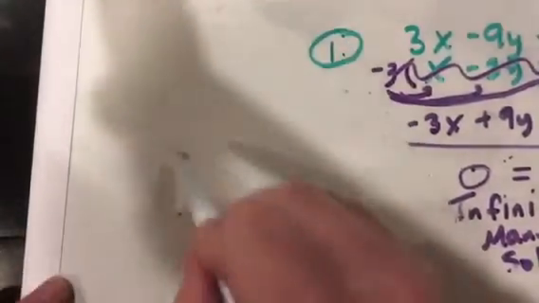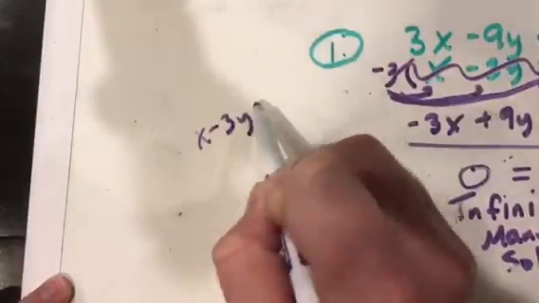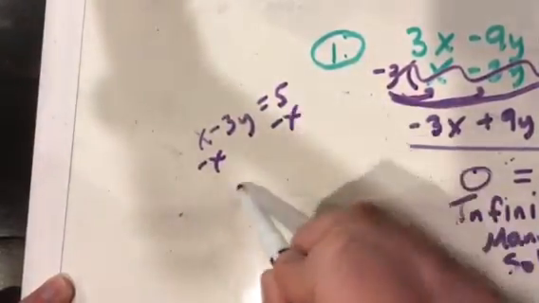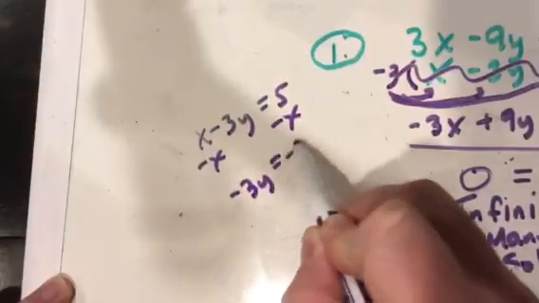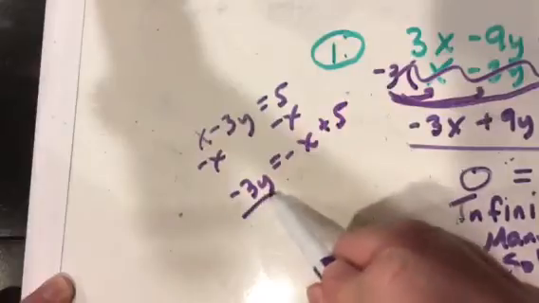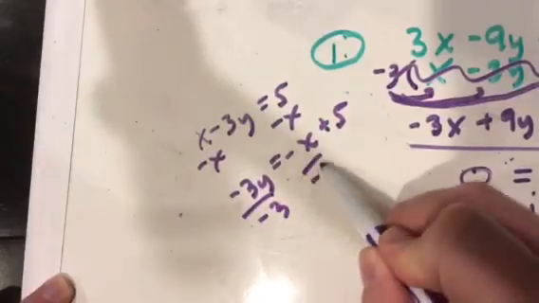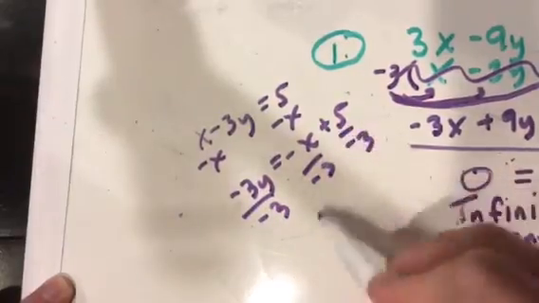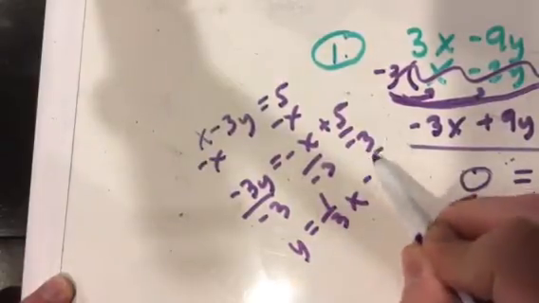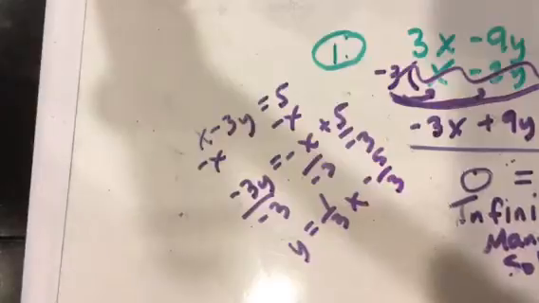The second line, which was x minus 3y equals 5, you would subtract x. You'd have -3y equals -x plus 5. You would divide by -3 all the way across. And it wouldn't take you very long to figure out you got the exact same line.